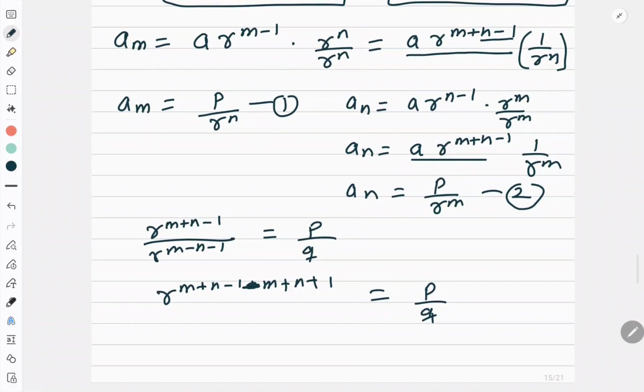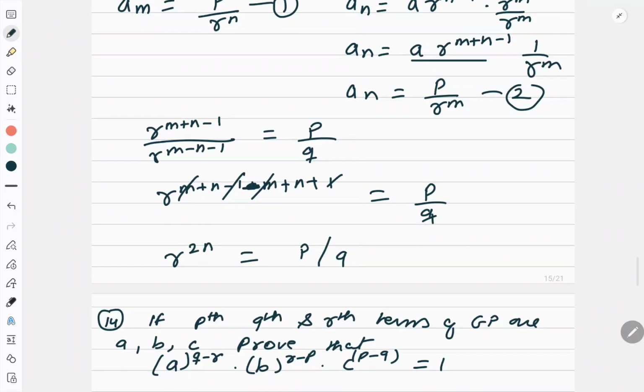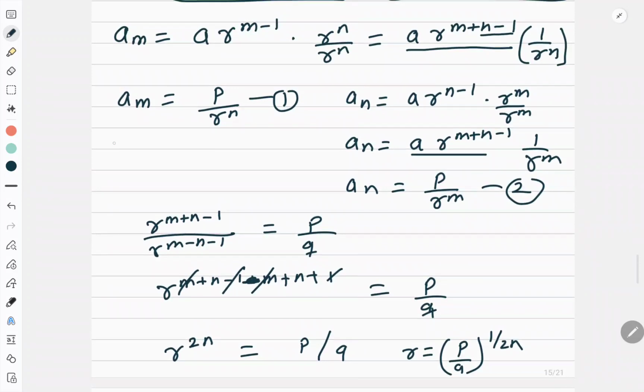Right? Now solve this. r to the power m is gone, 2n remains, is equal to P by Q. So what is the value of r? r is equal to (P by Q) to the power 1 by 2n. Correct? So this value I will substitute in the first equation.